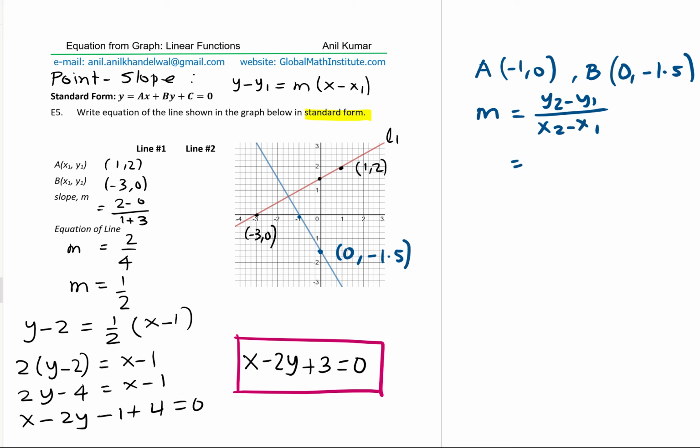So in this case it will be 0 minus, becomes plus, then over minus 1 minus 0, which is negative 1.5.